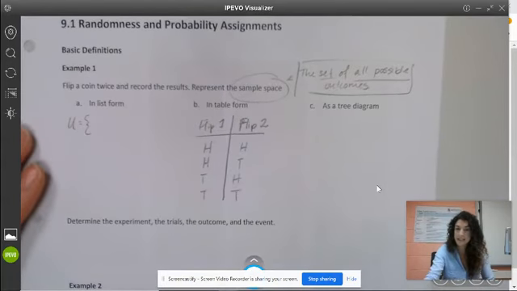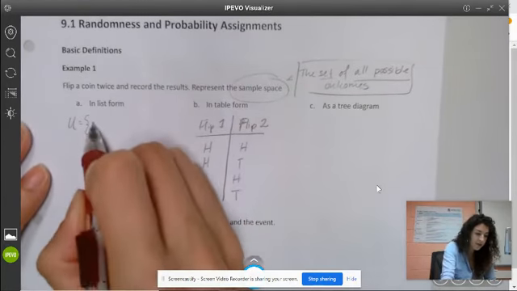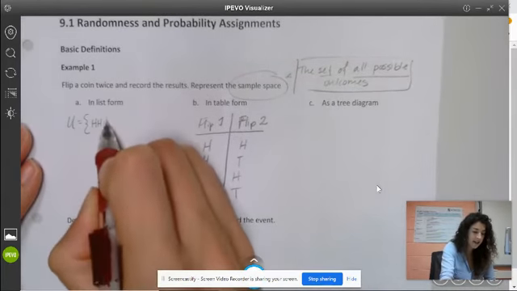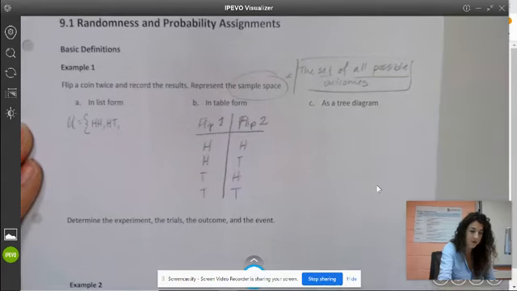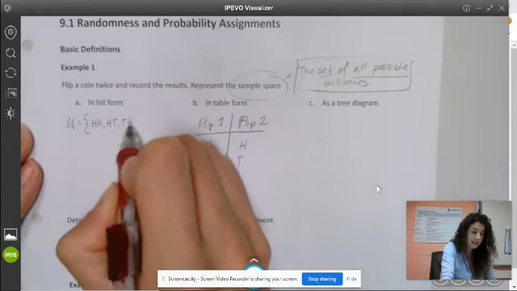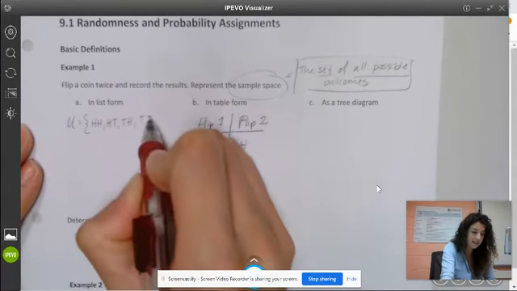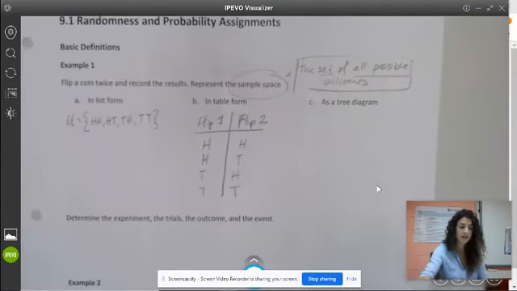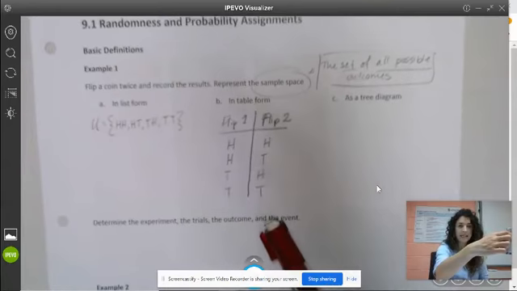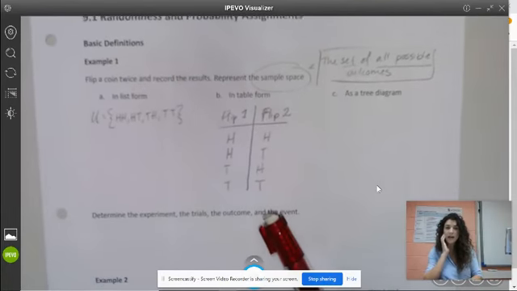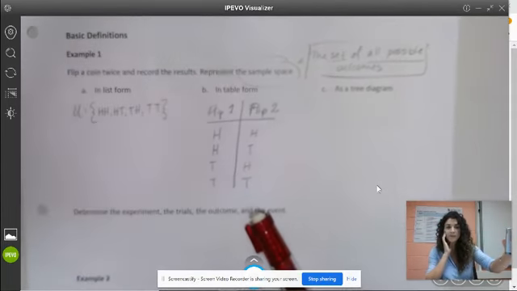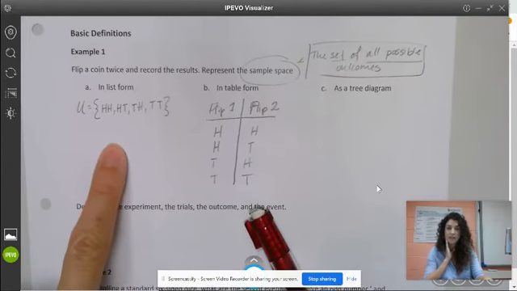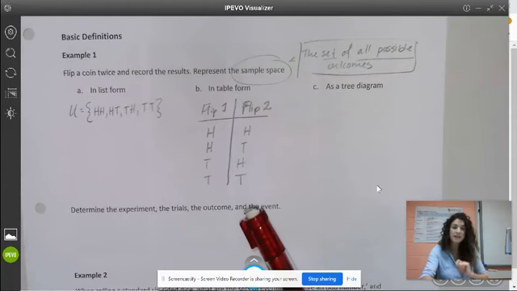So curly bracket, making this into a list, we have the option of heads and then heads, heads and then tails, tails and then heads, and then tails and then tails. And that's how we would take this first table and convert it into list form.